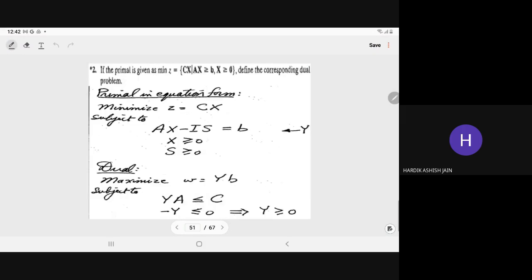Now, if primal is given as minimize Z = Cx subject to Ax greater than or equal to b, x greater than or equal to 0, define the corresponding dual problem.